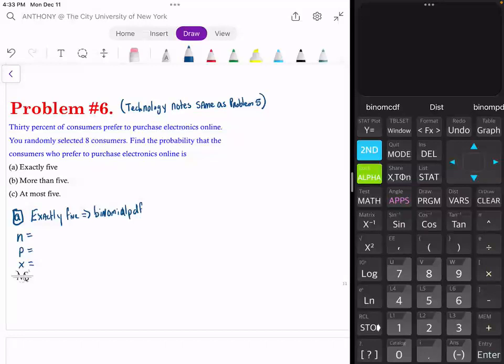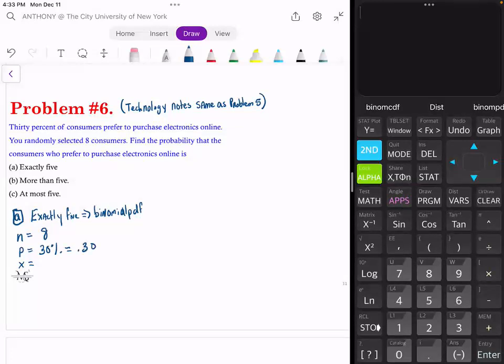So n is the number of people that was randomly selected, which is 8. Our p-value is 30%. What is 30% as a decimal? 0.30, there you go.